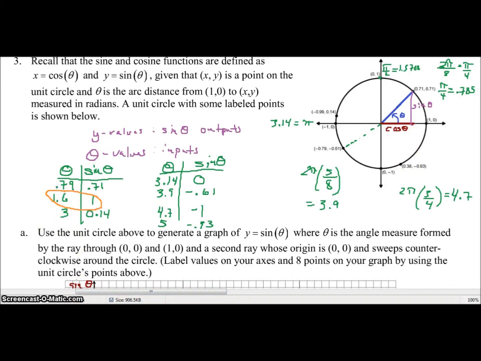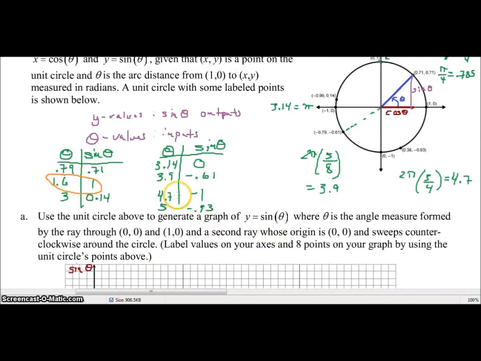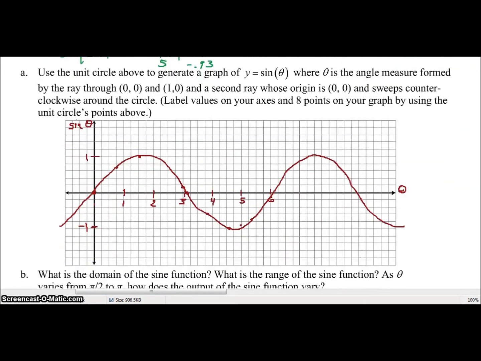And then it says that we're varying from pi over 2 to pi. Pi was the 3.14. This value here. So what happens as we go from theta being this point right here, and then going a little bit further right here? What happens to the vertical distance? We see the vertical distance decreases.